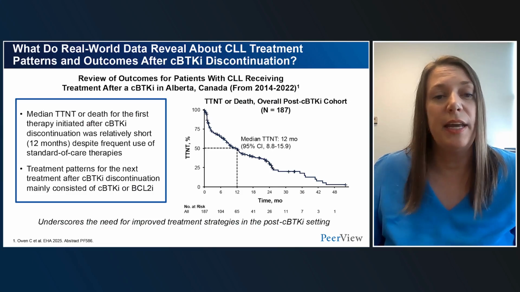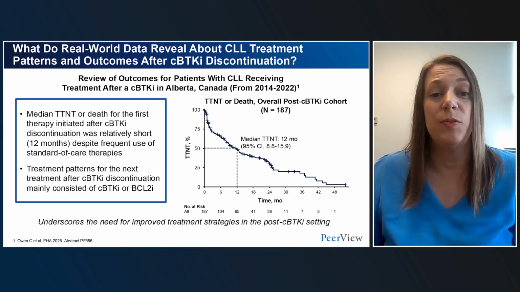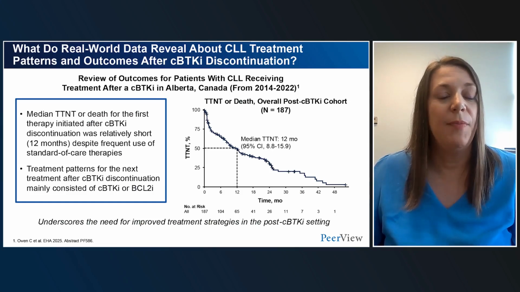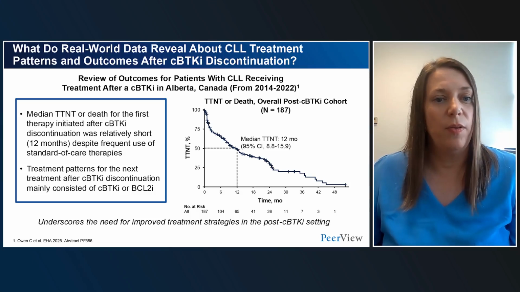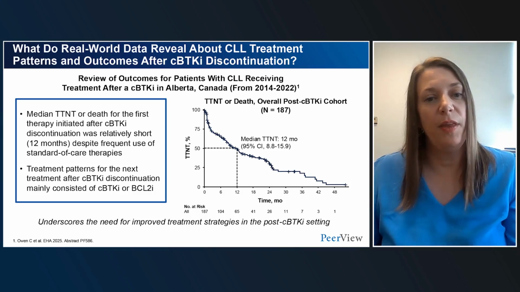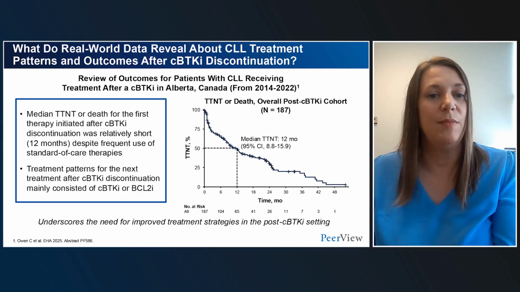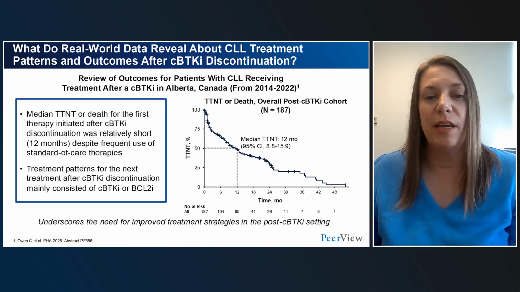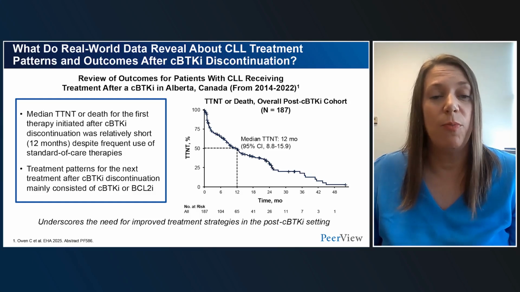There's some interesting data presented at the 2025 EHA meeting looking at real-world data from Canada, where they took a cohort of patients who discontinued a covalent BTK inhibitor and from their next treatment looked at the time to next treatment or death. And you can see that that time to next treatment or death was actually very short, only 12 months.